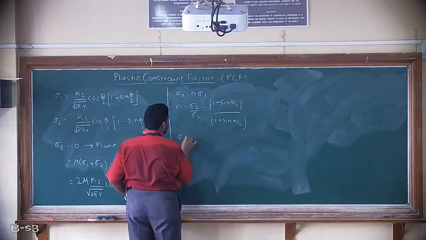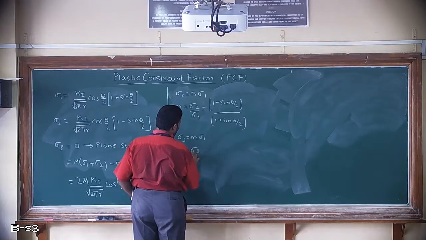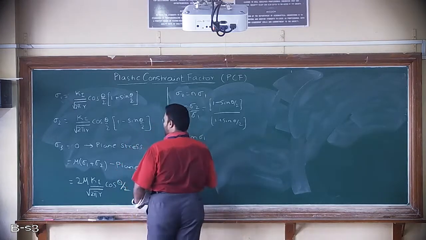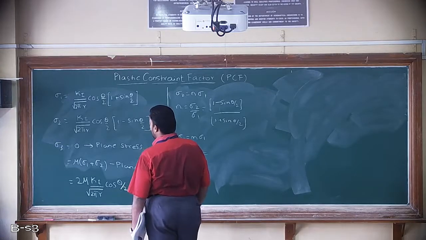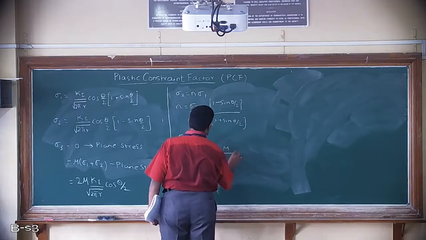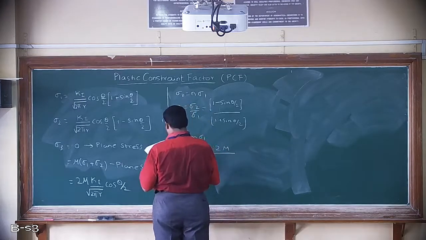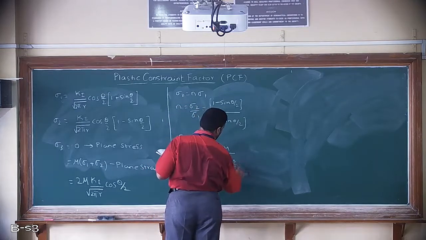Similarly, sigma 3 is equal to m times sigma 1, therefore m is equal to sigma 3 upon sigma 1. So here again Ki upon root 2 pi r and cos theta by 2 gets cancelled. So what remains is 2 mu upon 1 plus sin theta by 2. Clear?